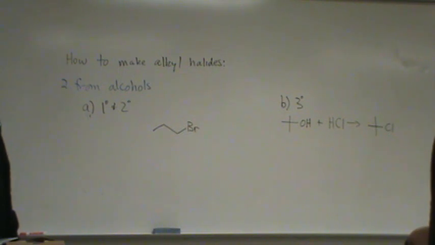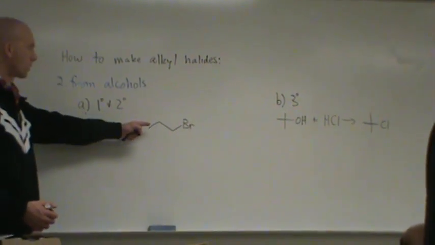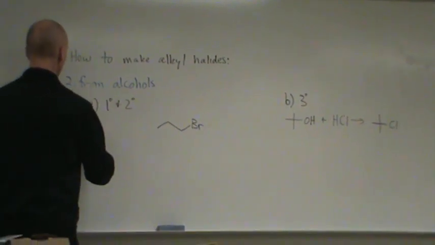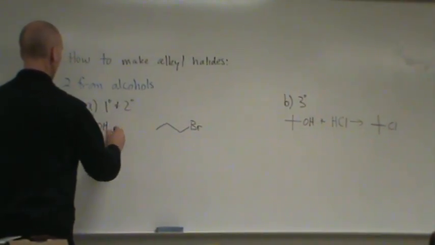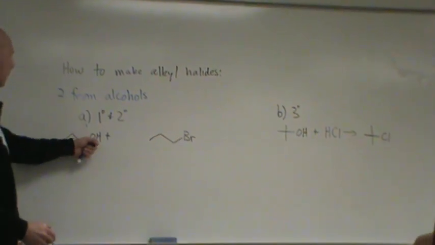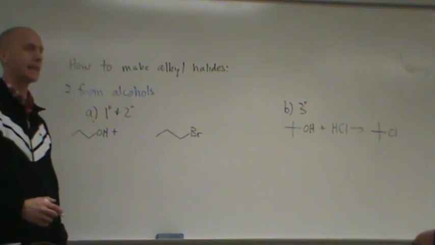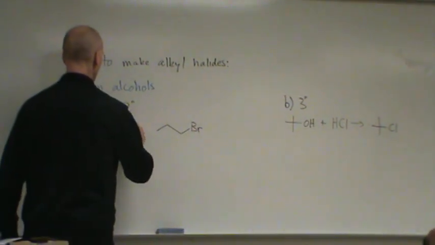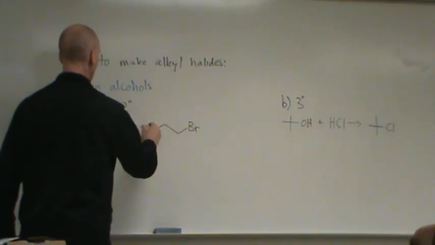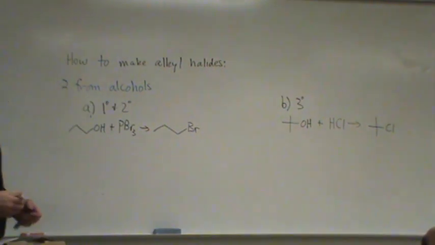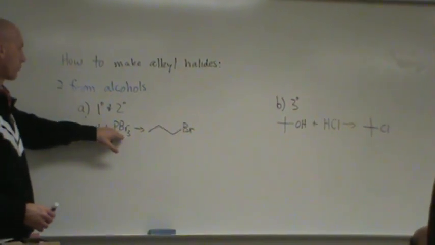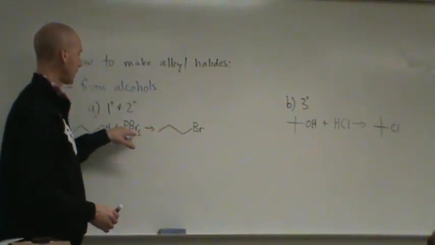What would I start with? The corresponding alcohol. And now I want to put on a bromine. So in this case, I would use this reagent, PBr3, phosphorus tribromide.